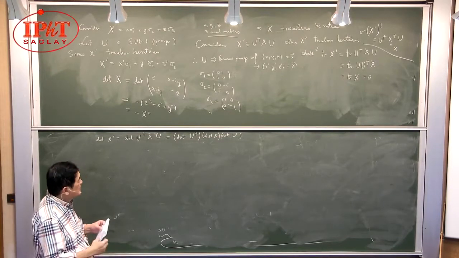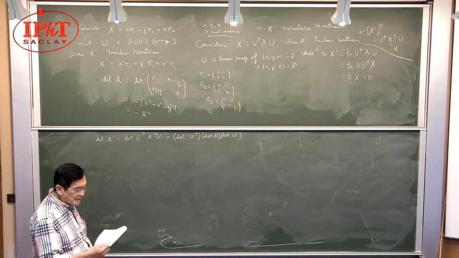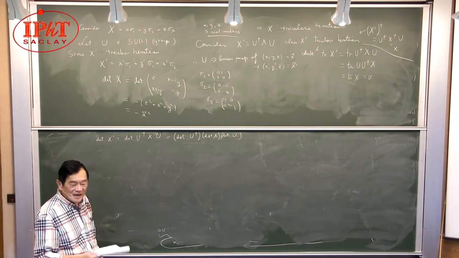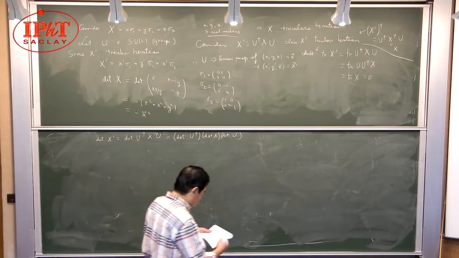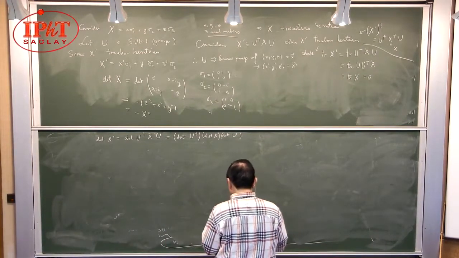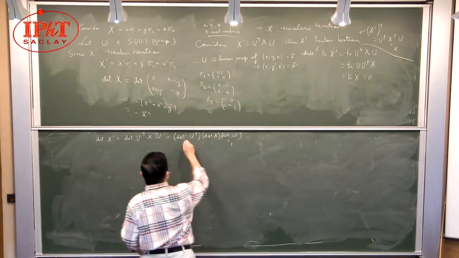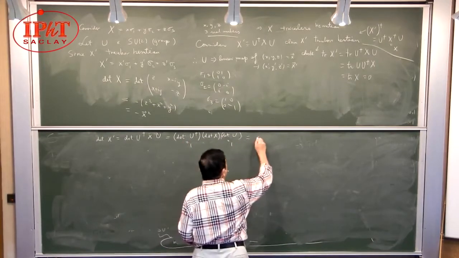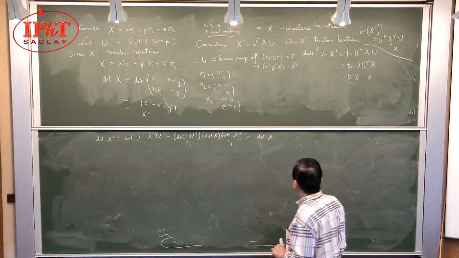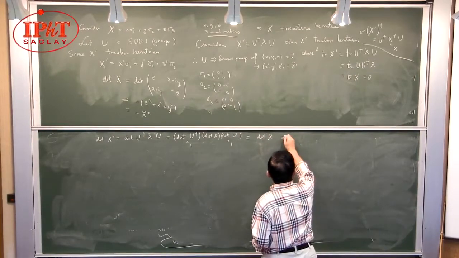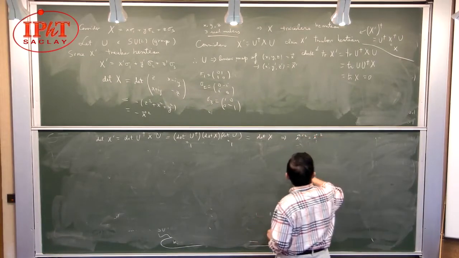The determinant of a product of two matrices is the product of the determinants. It's one of the famous theorems in linear algebra. Also, not so easy to prove if you have never seen the proof before. So therefore, since determinant of U is equal to 1, this is equal to determinant of X. So since determinant of X is minus X vector squared, this means X prime squared is equal to X squared.